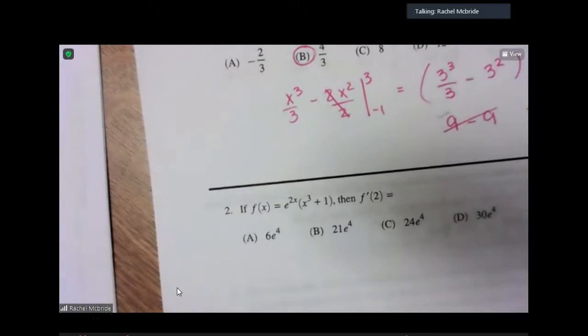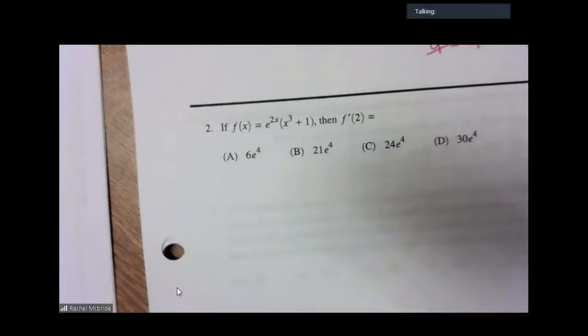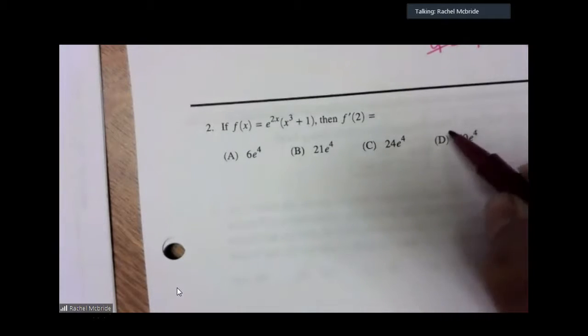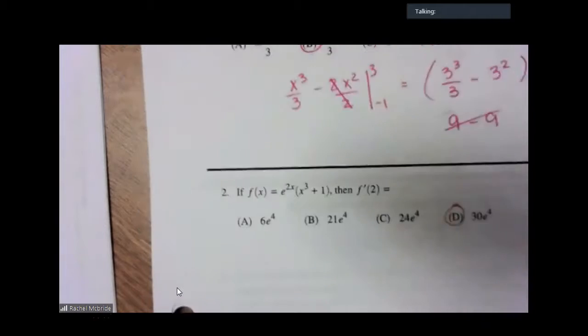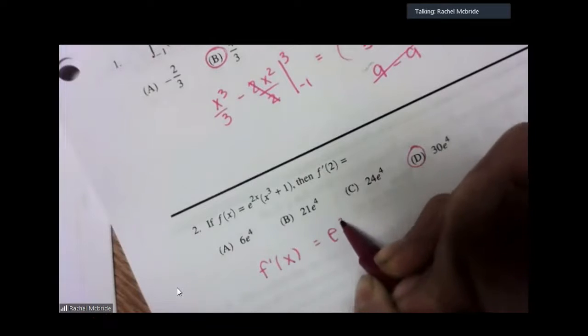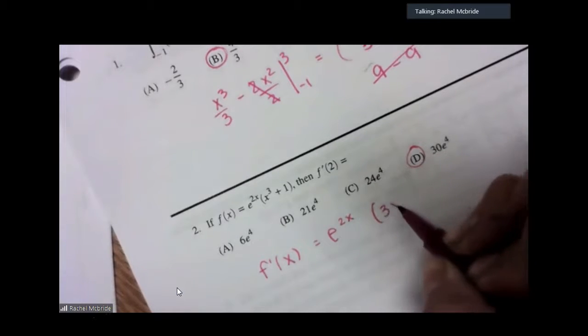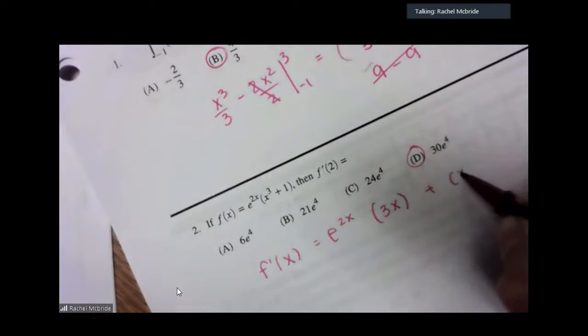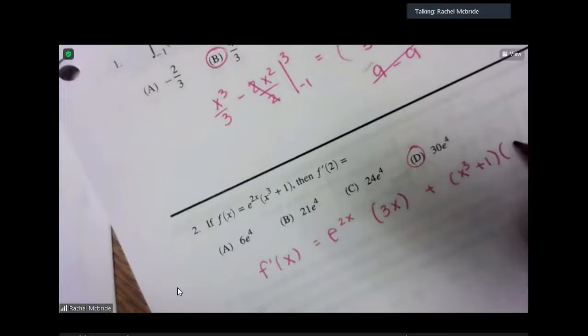Okay, number 2. So in number 2, the correct answer is D. Derivative is a product rule. So it's first times derivative of second plus second times derivative of first.